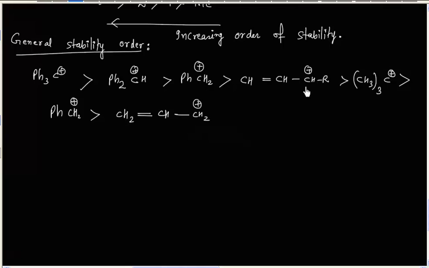This is your 1-degree allylic, this is a 2-degree allylic, because this carbon is connected to 2 carbon. This side we have carbon, this side we have carbon. So this is a 2-degree allylic. But now this one is 1-degree allylic. You see, this side we have hydrogen, this side we have only carbon. So this is 1-degree allylic.